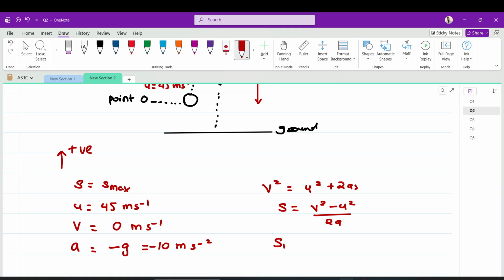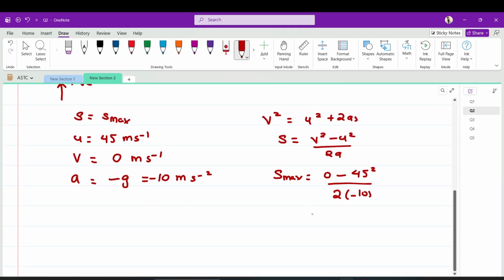S becomes s max, v squared is 0, u squared is 45 squared, upon 2a, so that will be 2 times minus 10. So this becomes minus 900 divided by minus 20. The zeros cancel, the negative signs cancel, and you will be left with 45 meters.